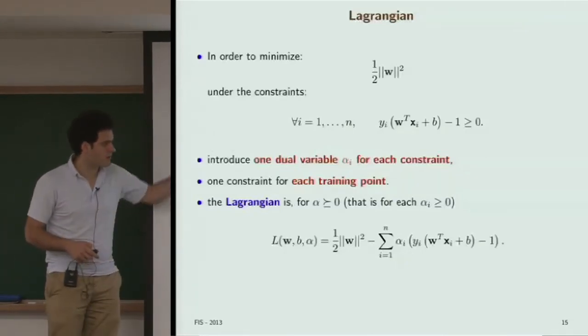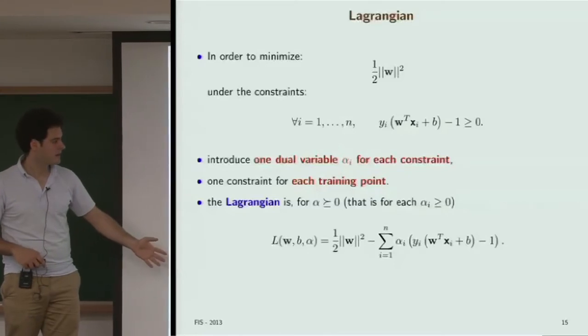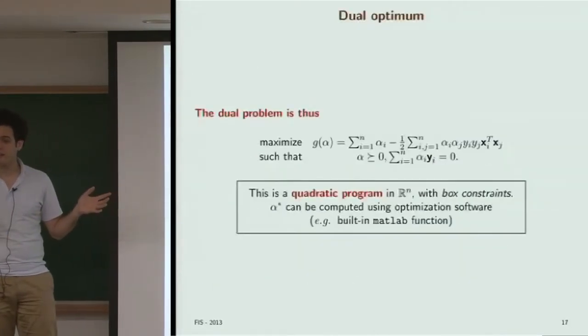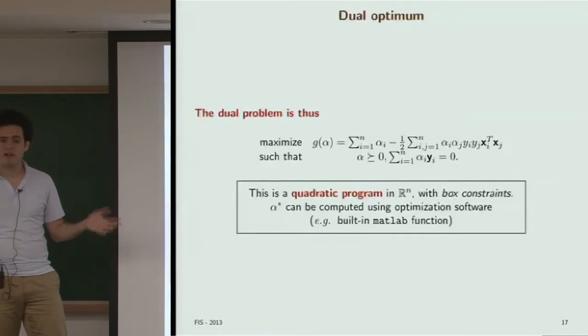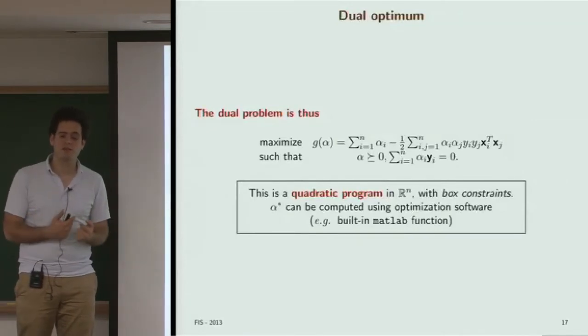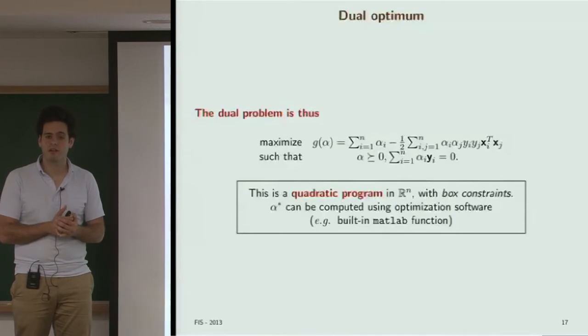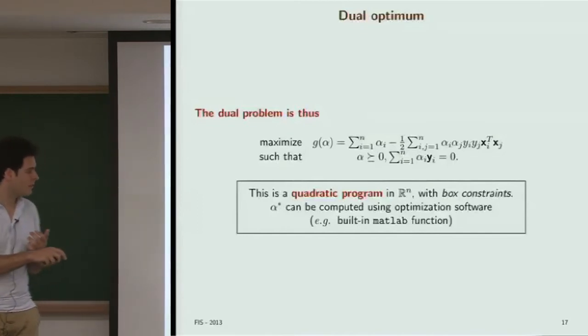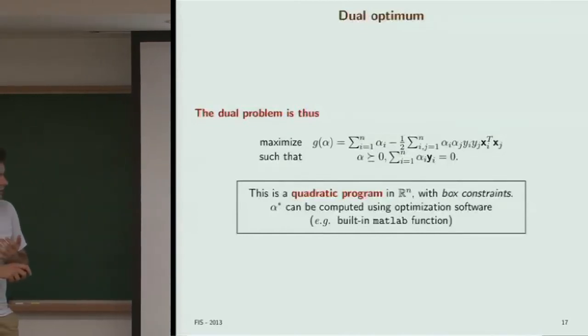Here, the big difference by using duality is that we end up solving a problem which has n variables, as many variables as we have training points.